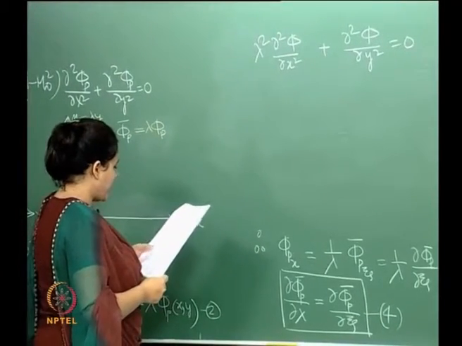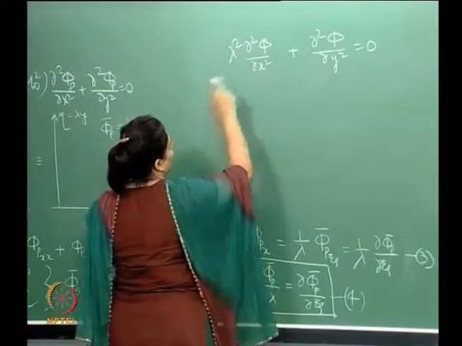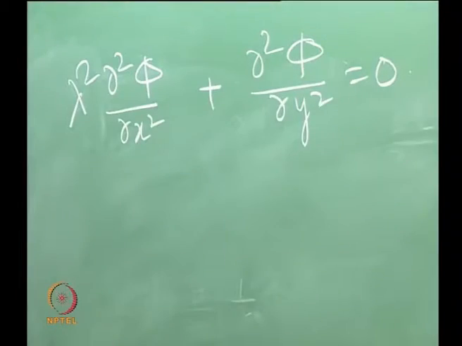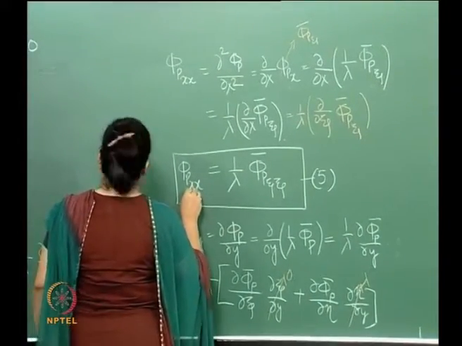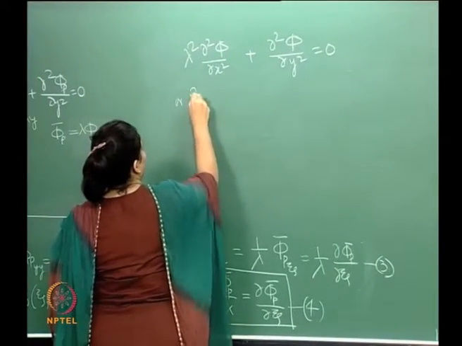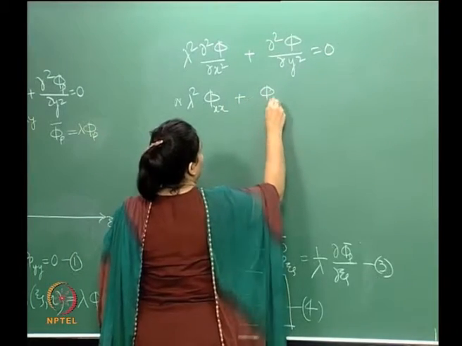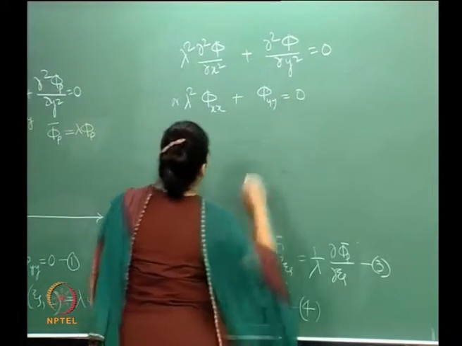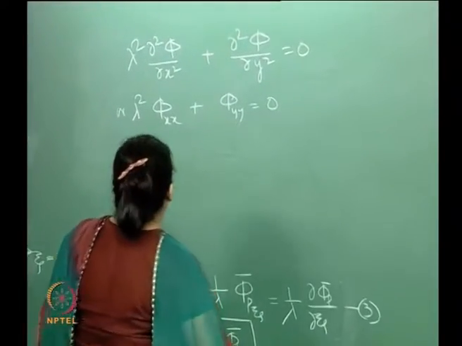So, how does del 2 phi del x 2 transform in the transformed coordinates? If you look at this, this is your del 2 phi del x 2. Or we can write this as lambda square phi x x plus phi y y equals 0.